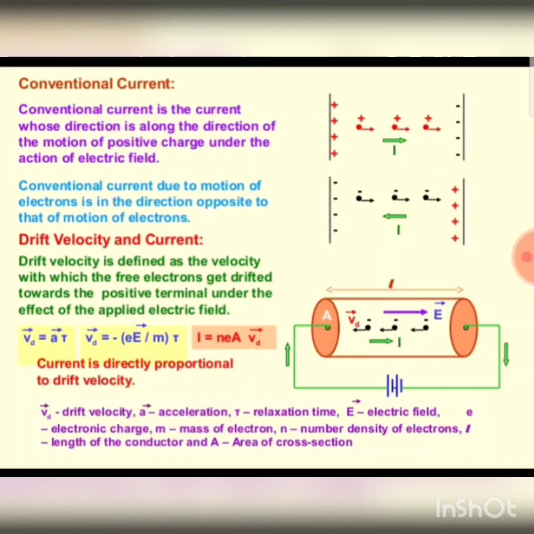So a can be replaced by eE by m. Here small e represents the charge of an electron, capital E represents the electric field, m represents the mass of the electron, into tau. Current is directly proportional to the drift velocity.